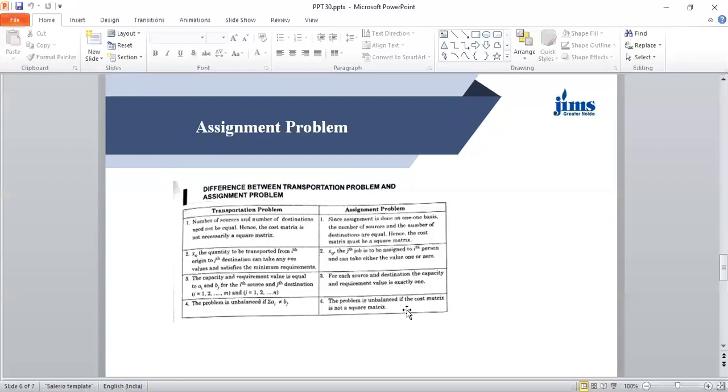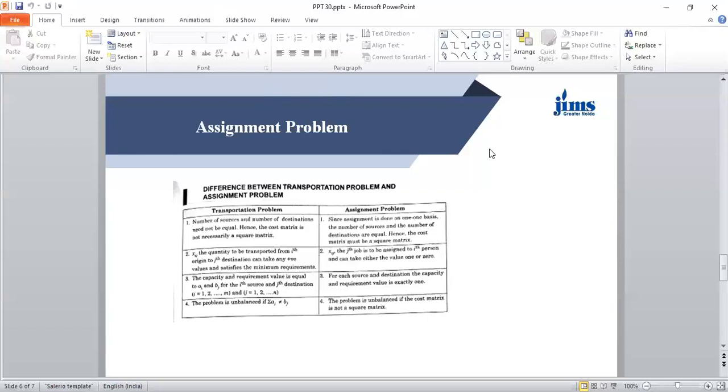So this is the end of our discussion on the assignment problem. Next class we are going to start a new chapter, scheduling by CPM and PERT. Today we are finishing our entire discussion on linear programming problems.